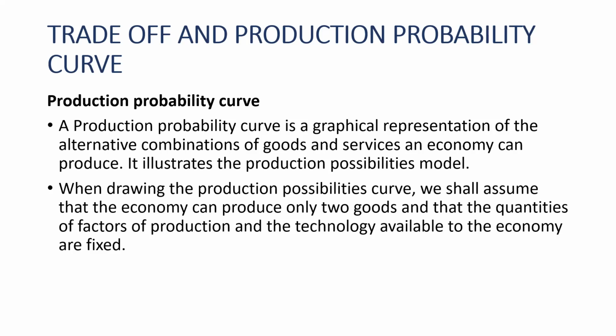That is a basic assumption that we use when drawing the production possibility curve. So we are assuming those two and then graphically representing the production possibilities of those two alternatives.